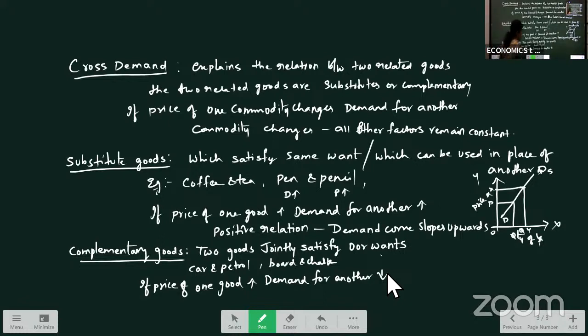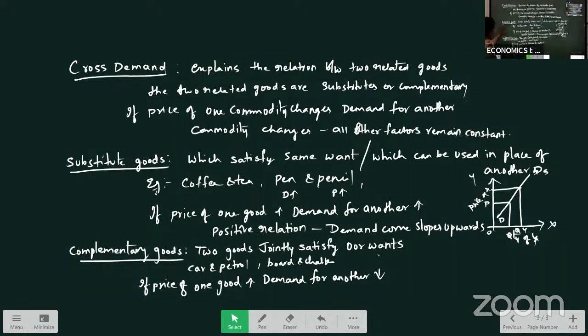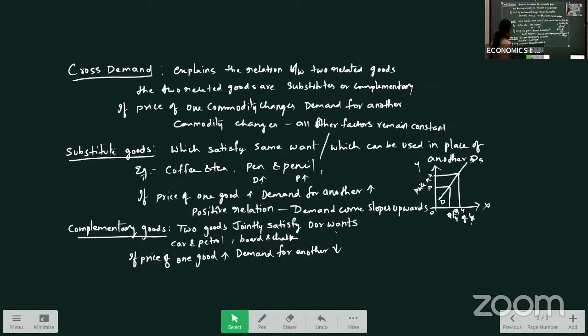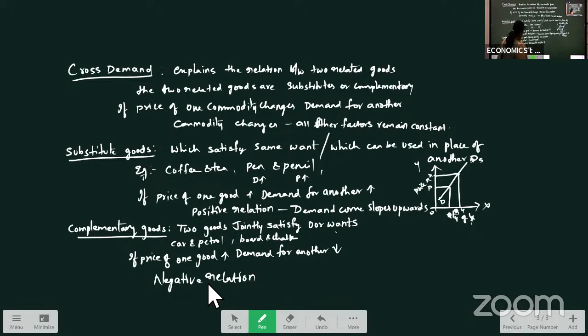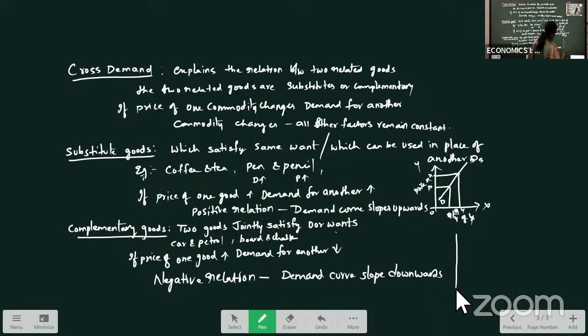That is the reason. In case of complementary goods, there is a negative relation. When there is a negative relation, the demand curve slopes downwards. So how is our demand curve here?